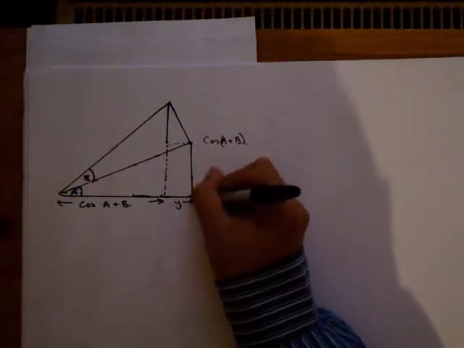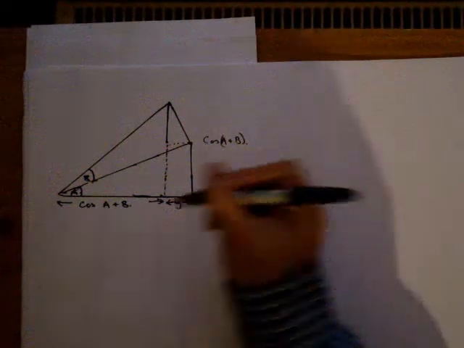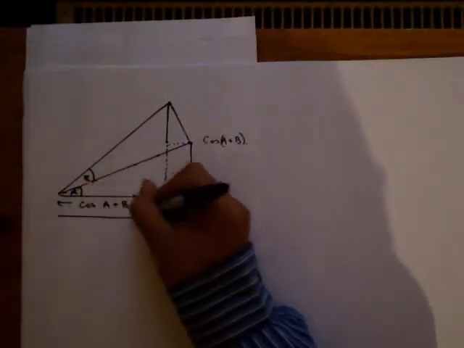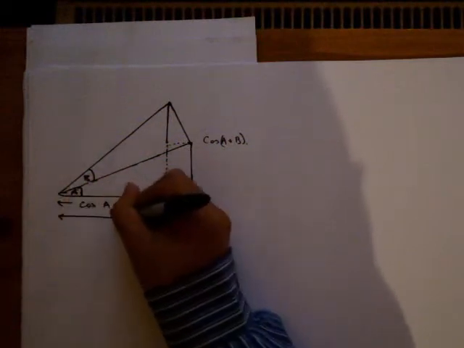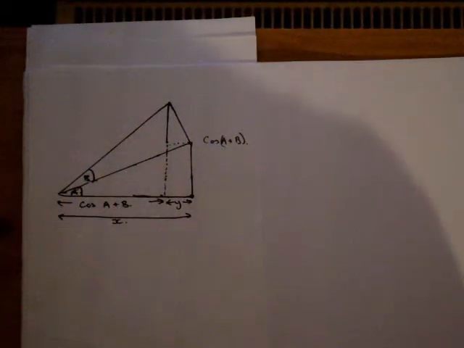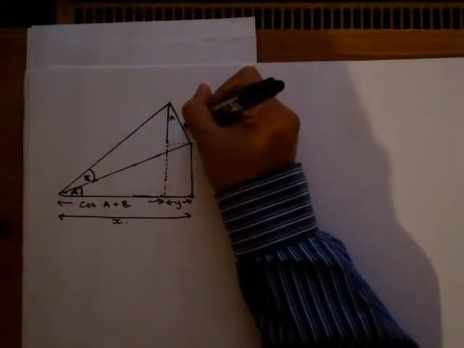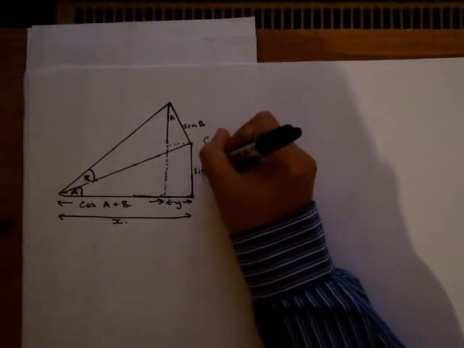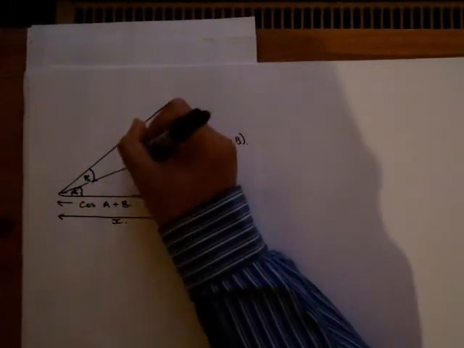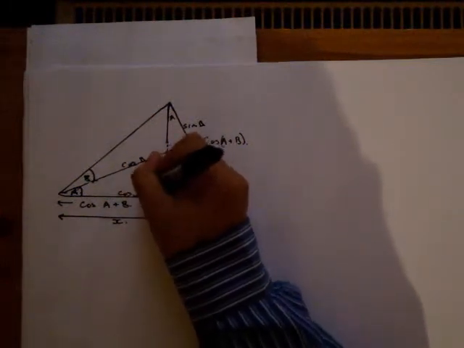This is y, and this whole length is then x. This is A, sine B, sine A, cos B, and cos A.